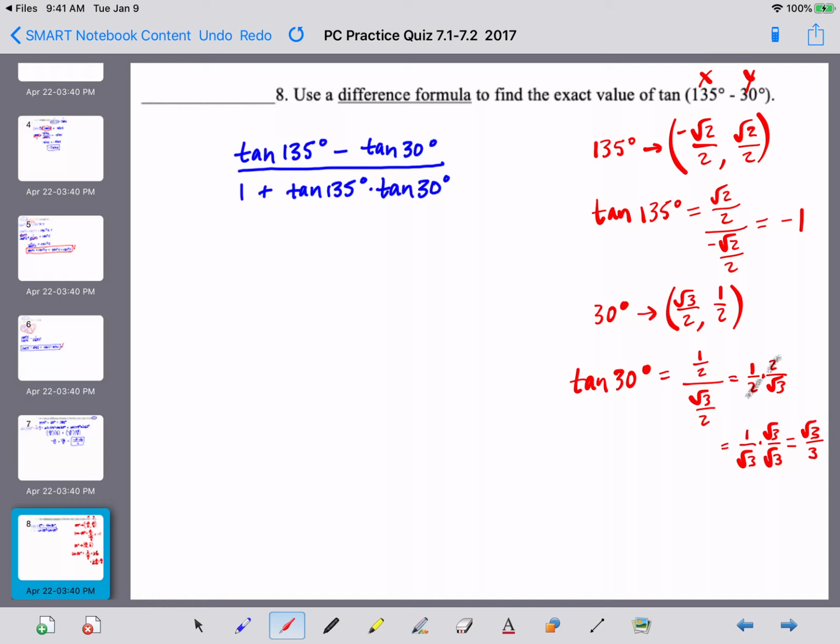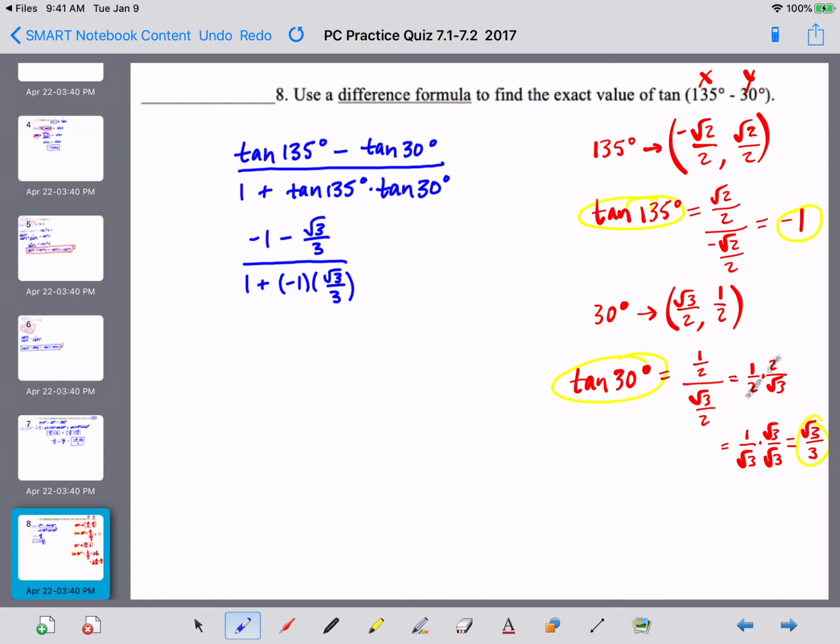Okay, so everywhere I see tangent of 135, I'm going to put negative 1. Everywhere I see tangent of 30, I'm going to put root 3 over 3. So tangent of 135 is negative 1. Tangent of 30 is root 3 over 3. And then this is 1 plus negative 1 times root 3 over 3.